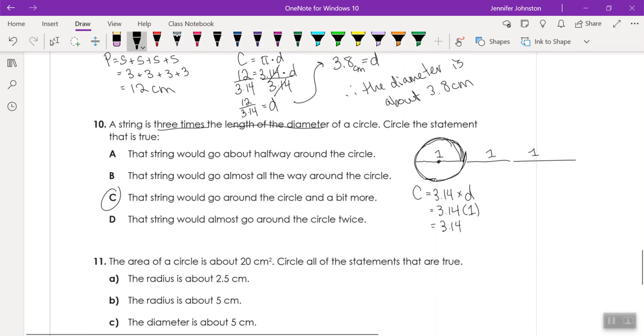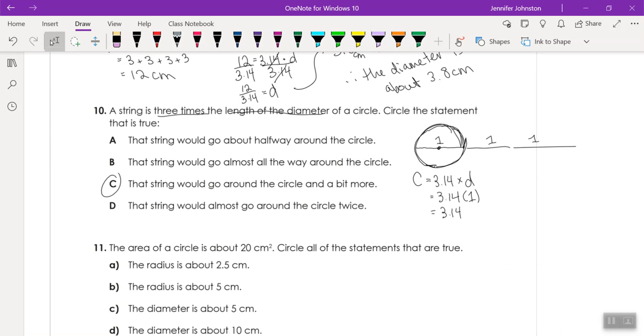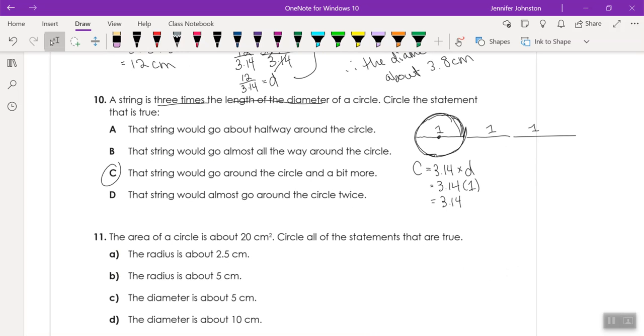We'll go around the circle a little bit more because it gives us 3.14. So if we had 3 strings, it would just pass it a little bit more because we're multiplying it by pi. If the strings were all 1, same with if they were all 2, it would just go a little bit past.